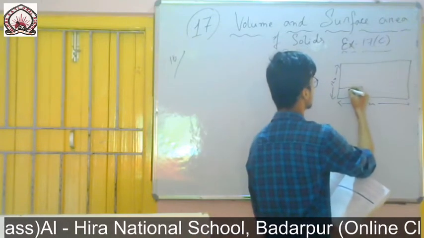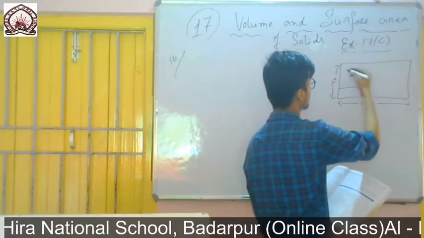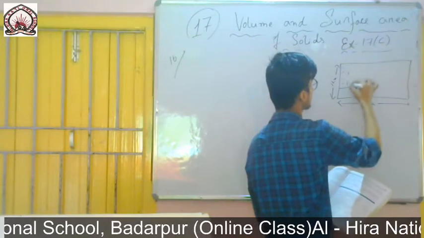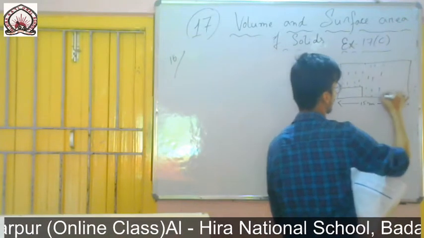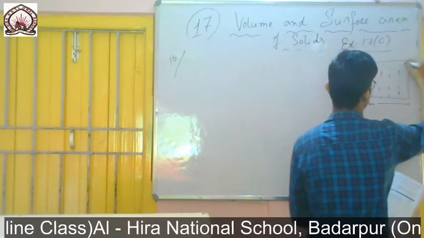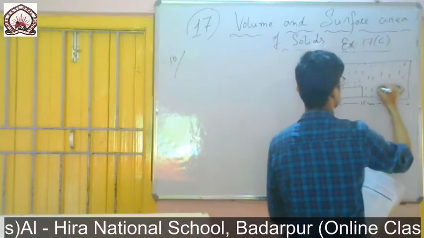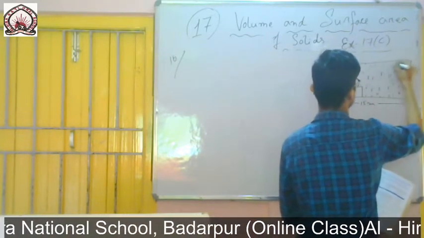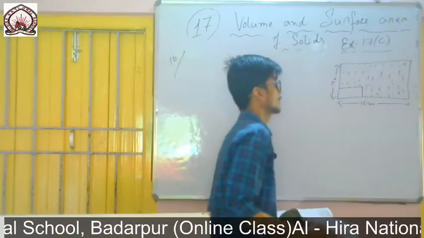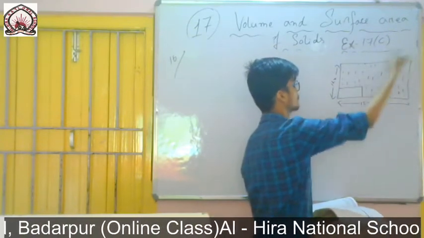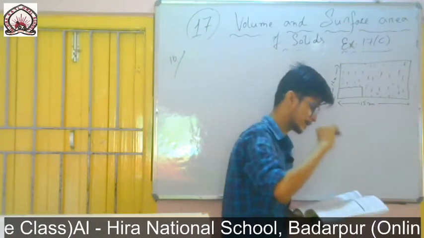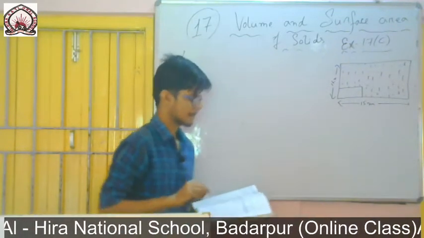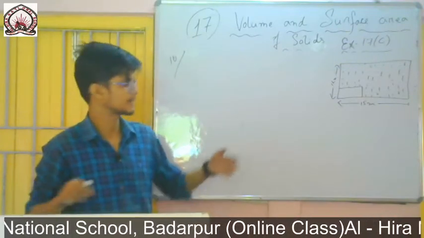So the earth that is taken out from this pit is spread over this field, over the left area. Then after the earth is spread over this field, the height of the field will raise. So the question is to find the height that will rise.